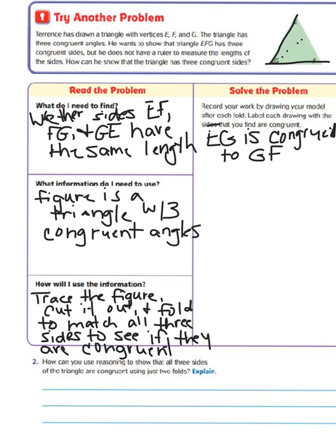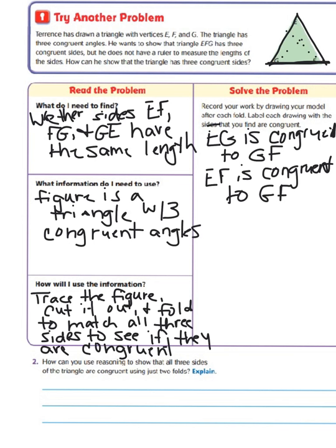Now we can also take E and F and we can fold it over to check side here. So when we do that, we would be folding it this way. So we are going to see if side EF is congruent to GF.